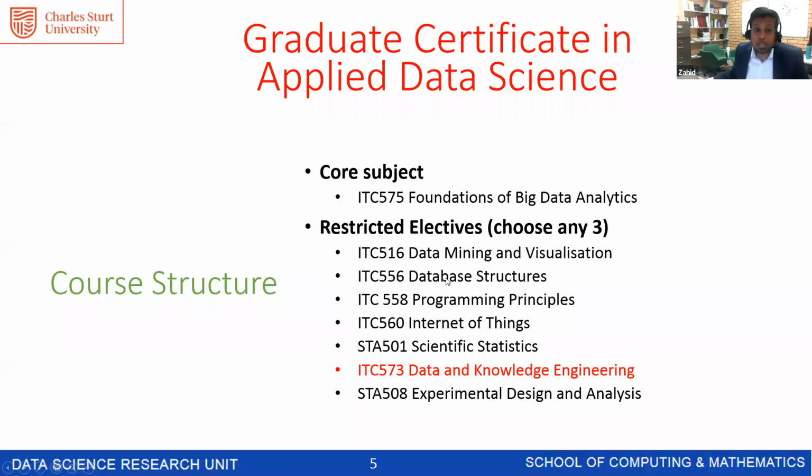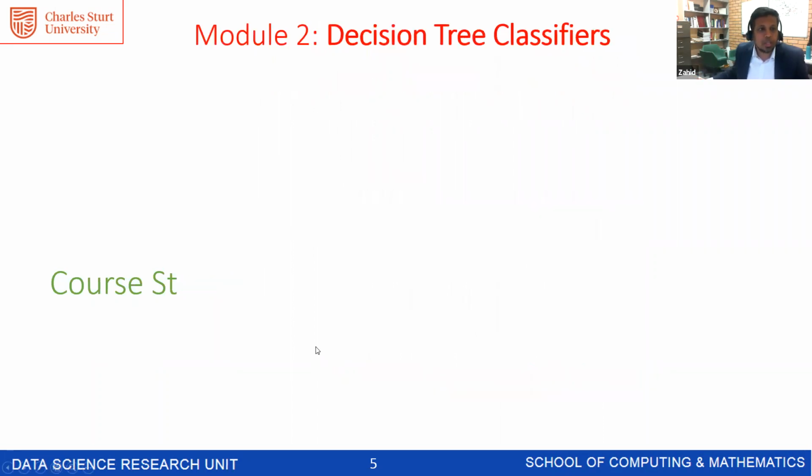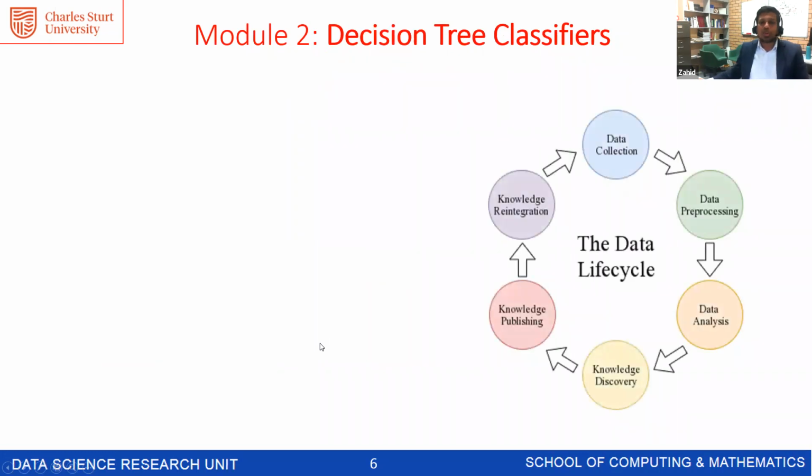Some students may need to learn a little bit more about database structures, schema design, ERD, entity relationship diagrams, and those kinds of things. So there are various different options for this course. Okay, that's a brief introduction to the school, to our data science research unit, and the course.